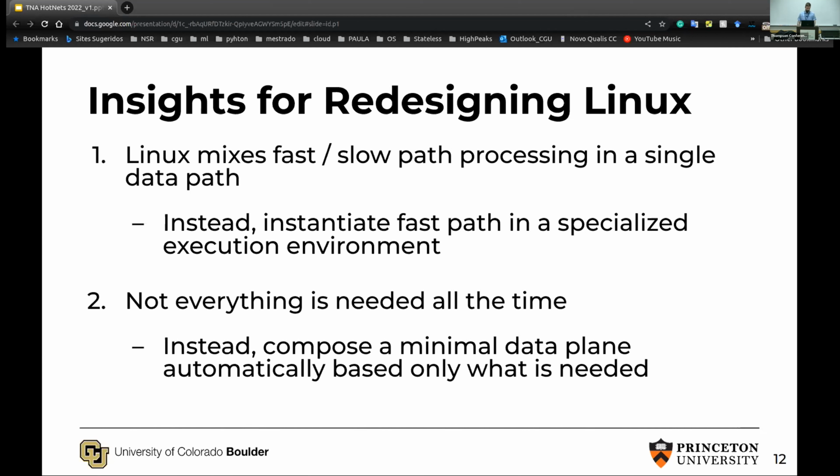The second insight is that most of the time, only a subset of Linux functionality is actually used in a given deployment. And this gives us the opportunity to avoid having a heavyweight data path, and instead tailor a minimal data path based on what's currently configured.